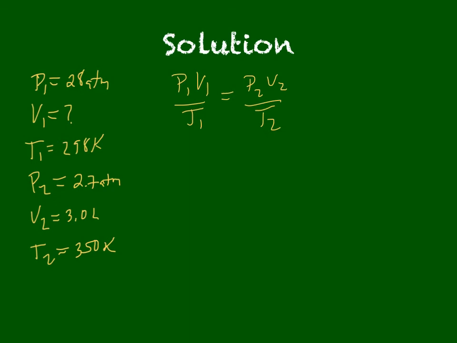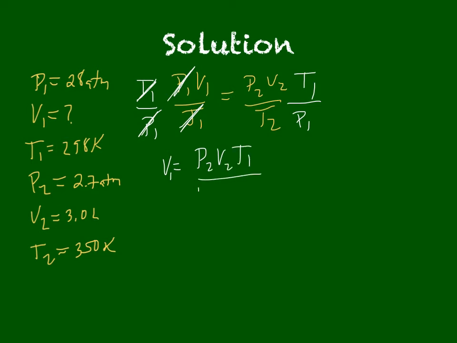This time we don't get to drop anything. Everything has changed. So I want to find V1. I'm going to multiply both sides by T1 over P1. Look what that does. T1 cancels. P1 cancels. So V1 is equal to P2 V2 T1 over T2 P1.